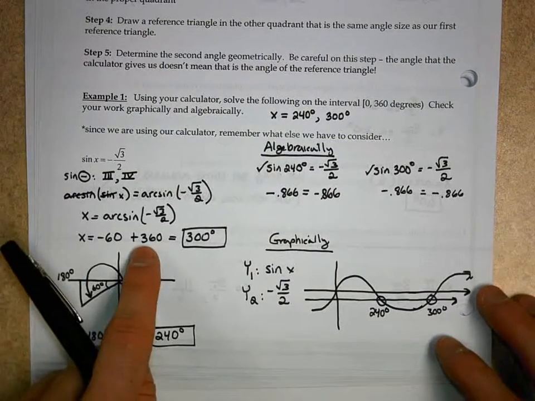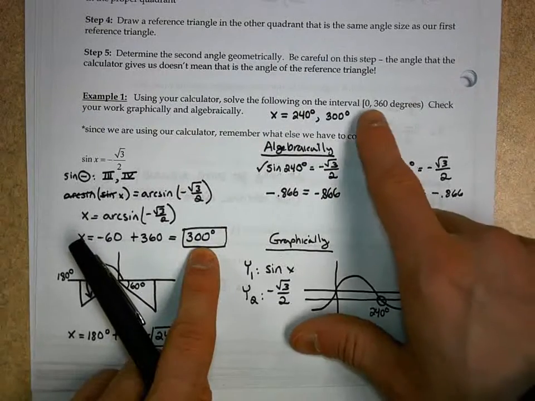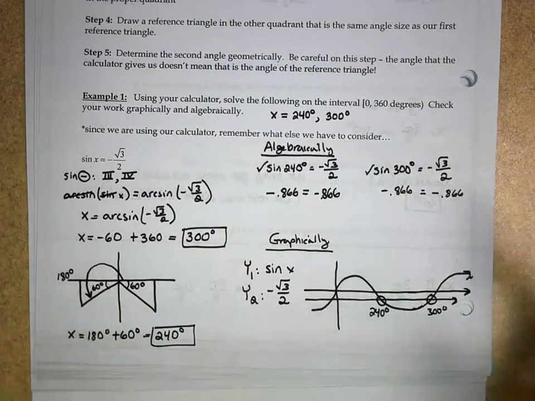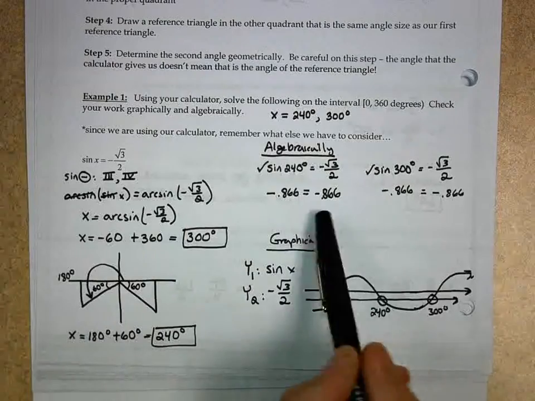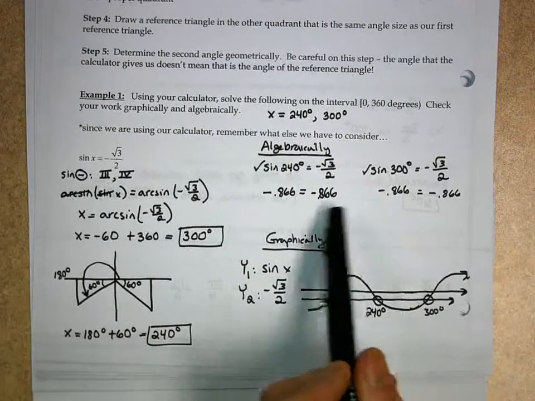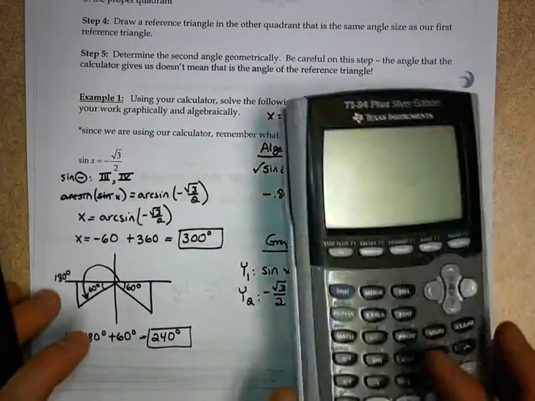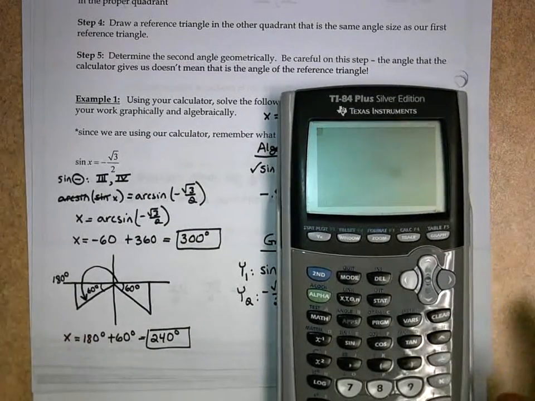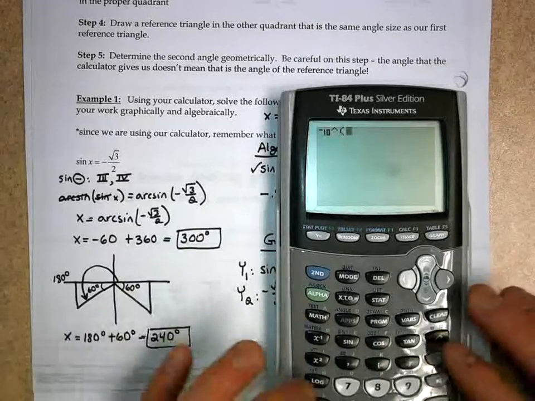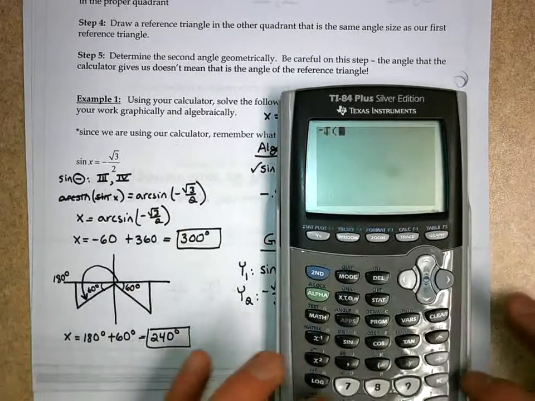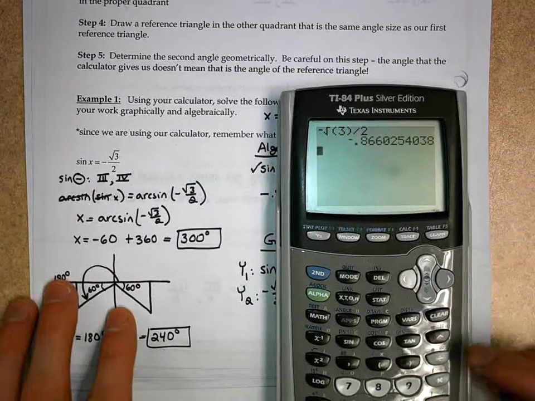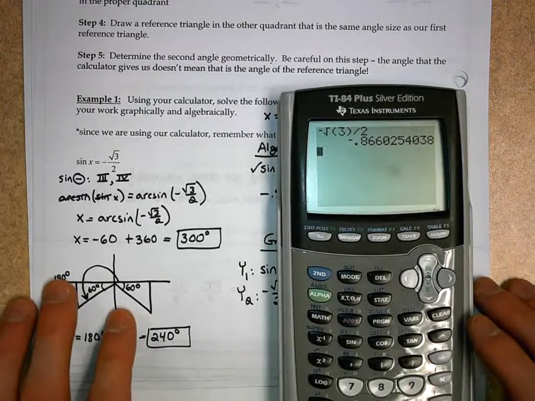Then what we had to do is we added 360 to get 300, so then my answer would fall between 0 and 360. And then when you checked your work, you can see that these answers do equal negative square root of 3 over 2. Negative square root of 3 divided by 2, you can see right there is that negative 0.866.